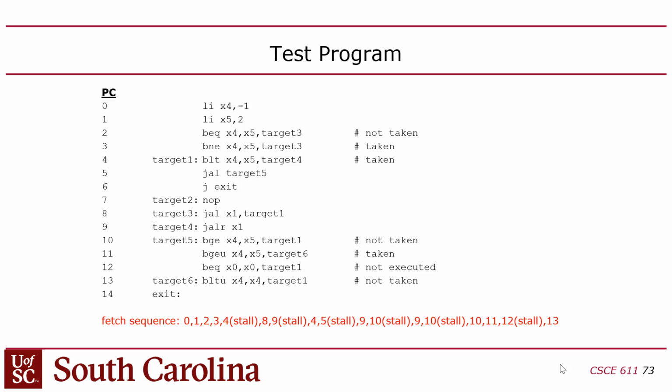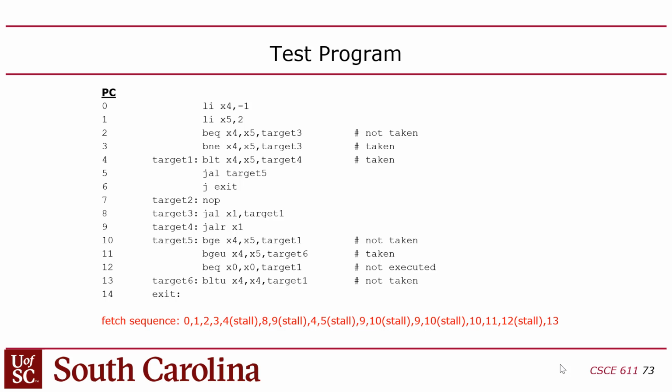But then instruction 2 is the branch if equal, and it's comparing -1 and 2 that are in registers 4 and 5. Obviously, those are not equal, so that branch is not taken. So the next fetch is going to be 3. Instruction 3 checks to see if registers 4 and 5 are not equal, which is true, at which point we're going to branch to target 3, and target 3 is 8.